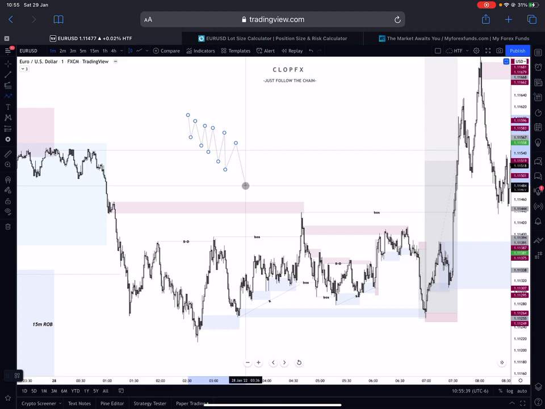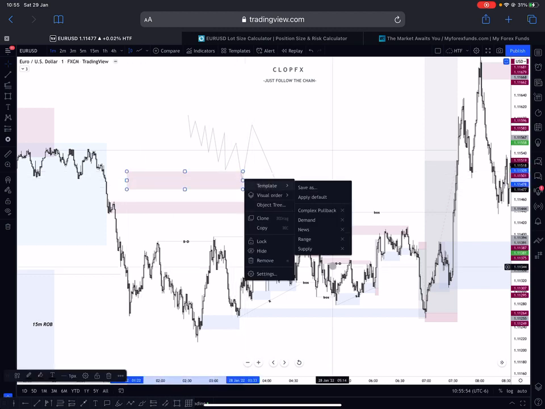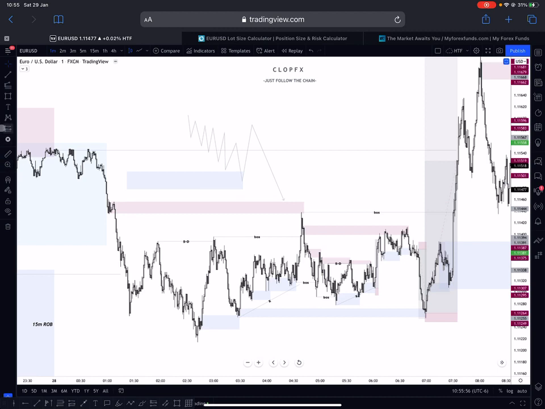But why did it happen that it did this and then came back? Because it's possible, and most of the times it reacted to some higher time frame POIs unmitigated right here. Let's say it was demand and it didn't work out, so your target must be like this. You can possibly target that low sometimes.